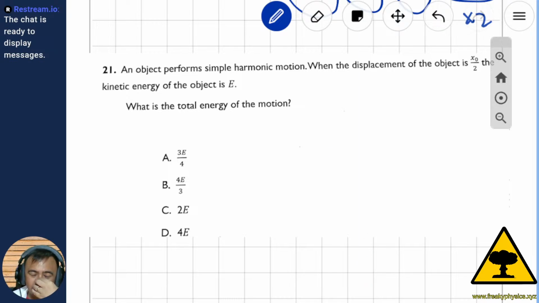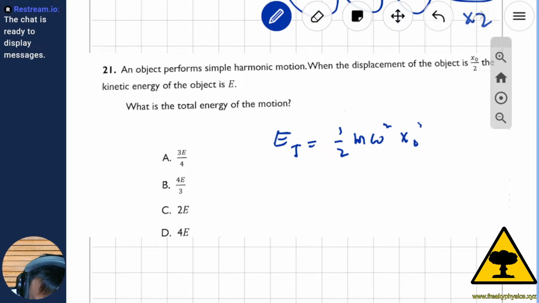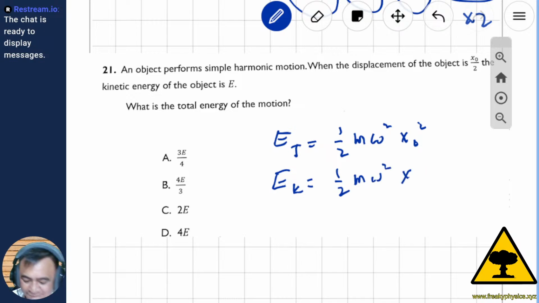So remember, if we go back to the data booklet again, simple harmonic motion, here we go. Energy. Okay, so the total energy, let's just write the two equations again. The total energy here is 1/2 m omega squared x0 squared. And then the kinetic energy would be equal to 1/2 m omega squared x, right?